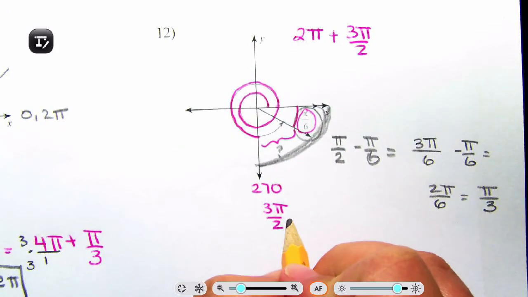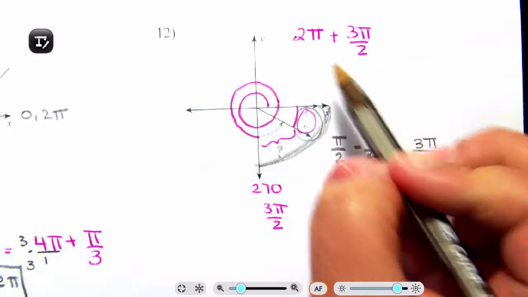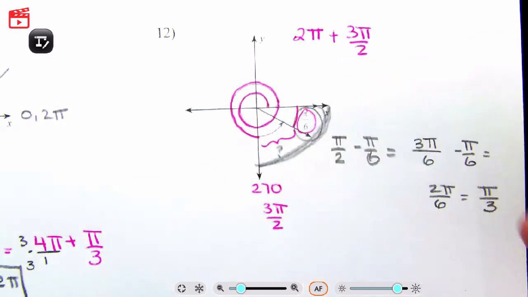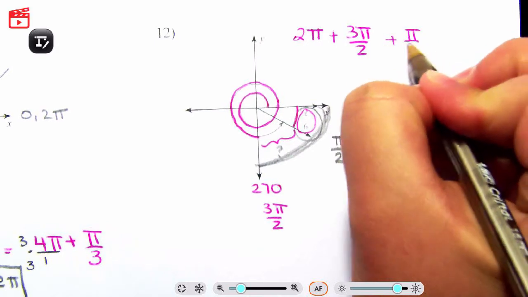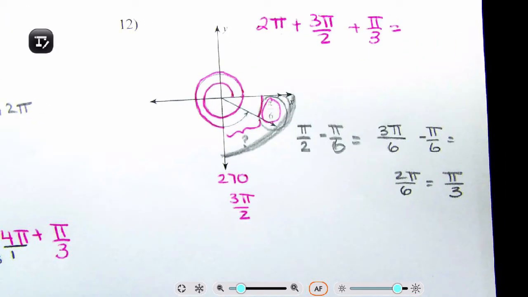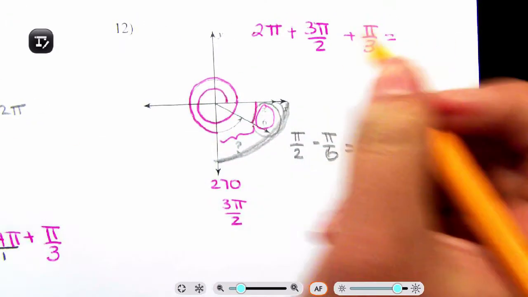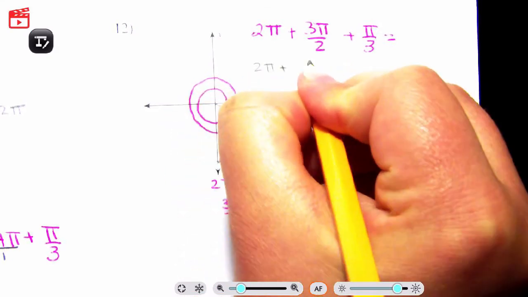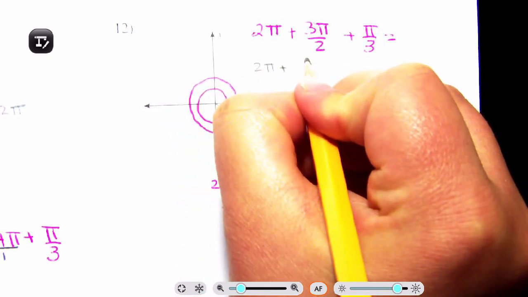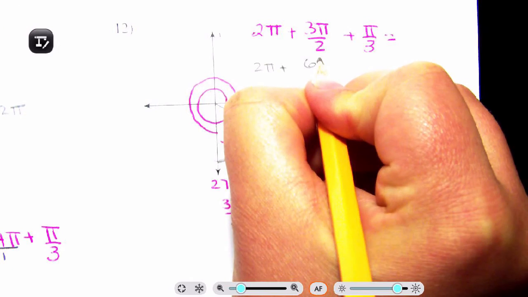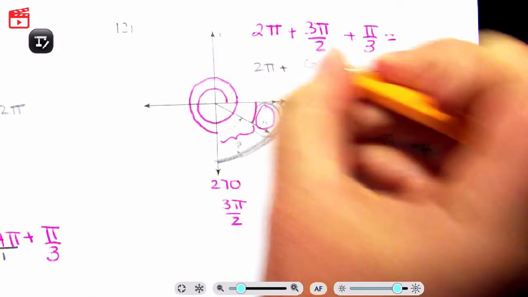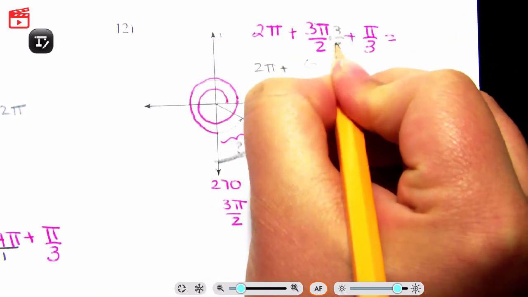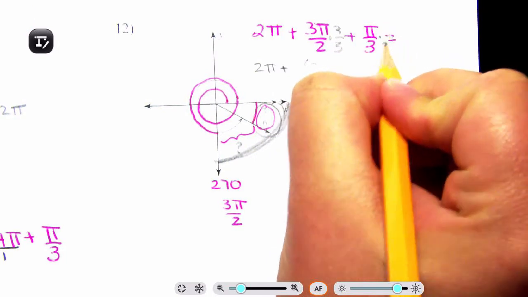Okay, so we have pi thirds. What do we have? We have 2 pi plus 3 pi halves plus pi thirds. Common denominators we do not have, so we need to do common denominators. So 2 pi plus, let's do 6. So let's do 6 pi, just kidding, that's going to be a 9. So I'm multiplying top and bottom by 3. This one's going to be multiplying top and bottom by 2.